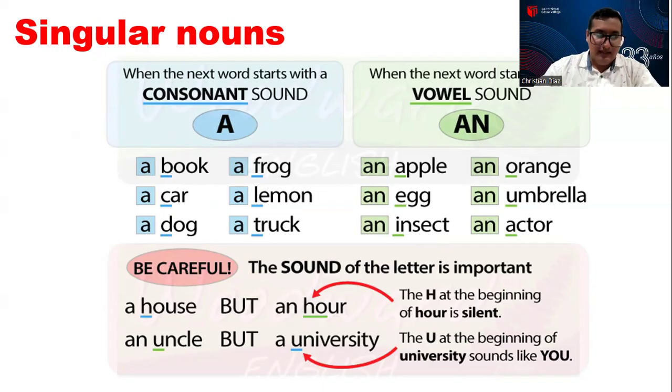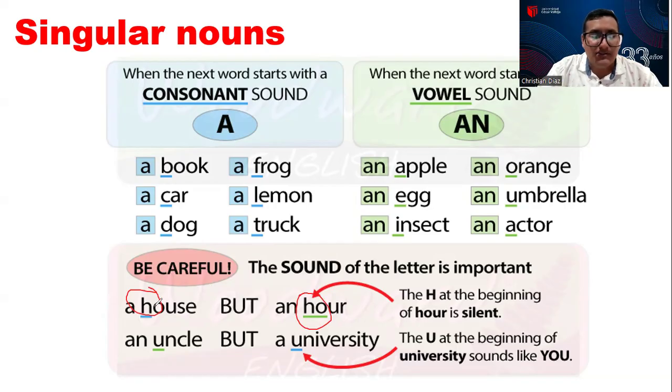Okay, but be careful. As I told you, the sound is important. Both of these nouns start with H, right? H here, H here. But it sounds different. This is house, house.